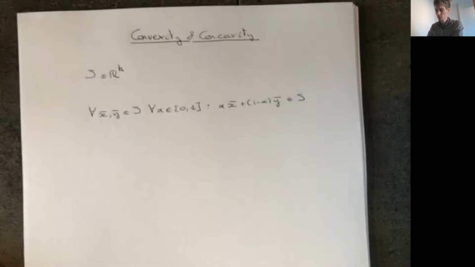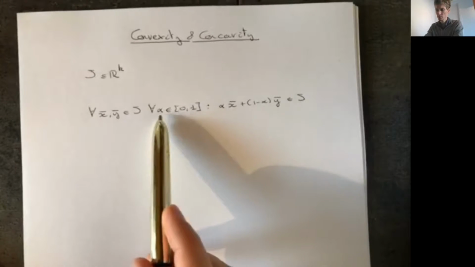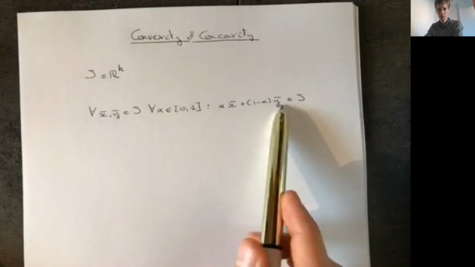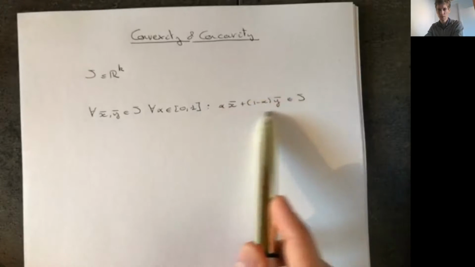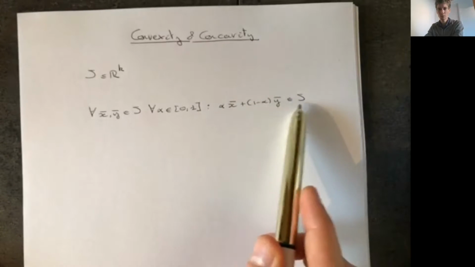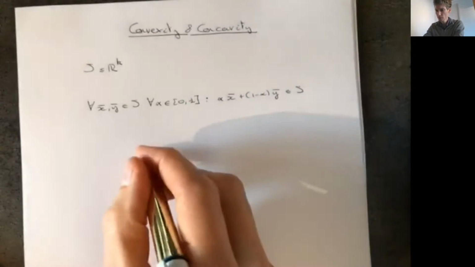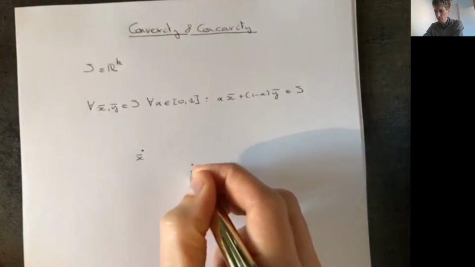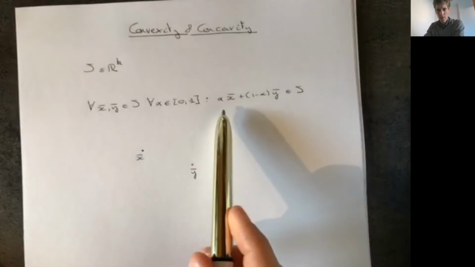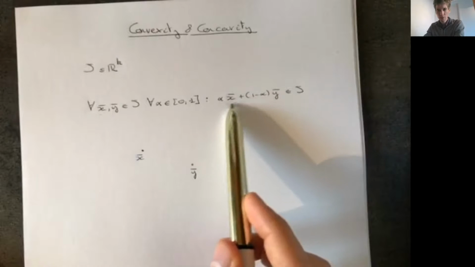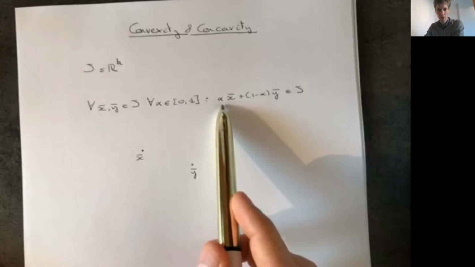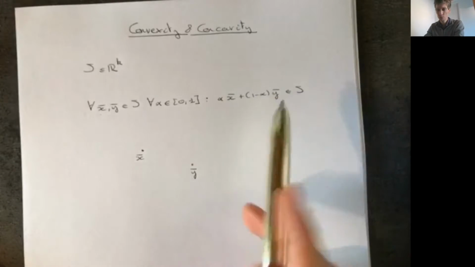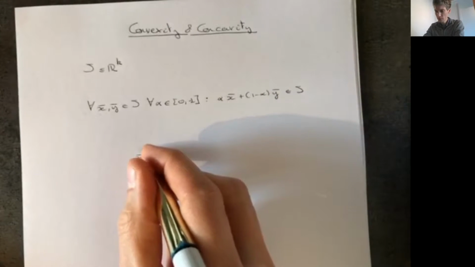So it basically says that if you have two vectors, then for any number, the convex combination of these two vectors, this is what's called the convex combination of x and y, is also in S. If I have the vector x and the vector y, then what's this vector here? For example, if I plug in alpha equal to 1, then I have 1 times x plus 0 times y, so this would be the vector x itself.